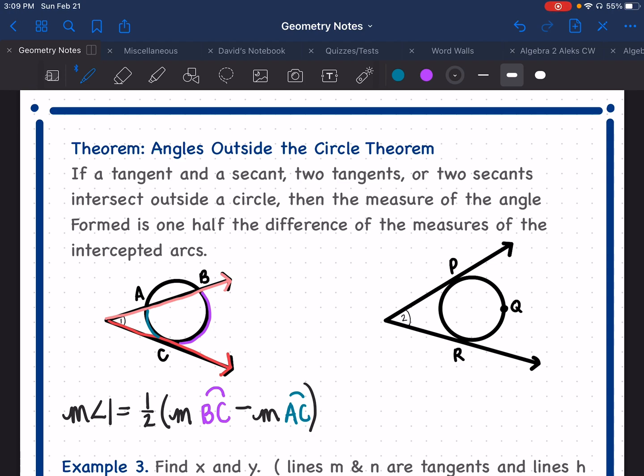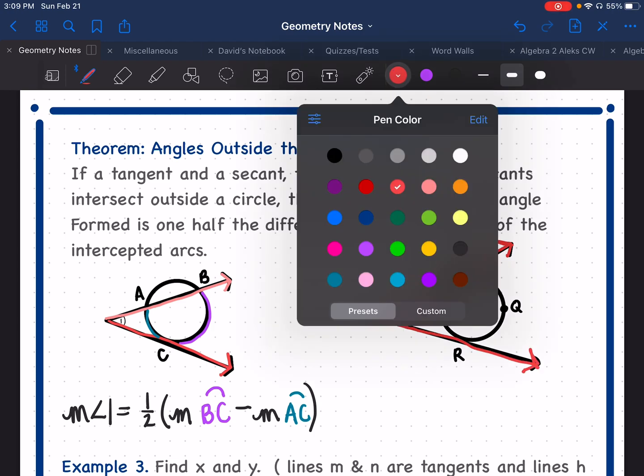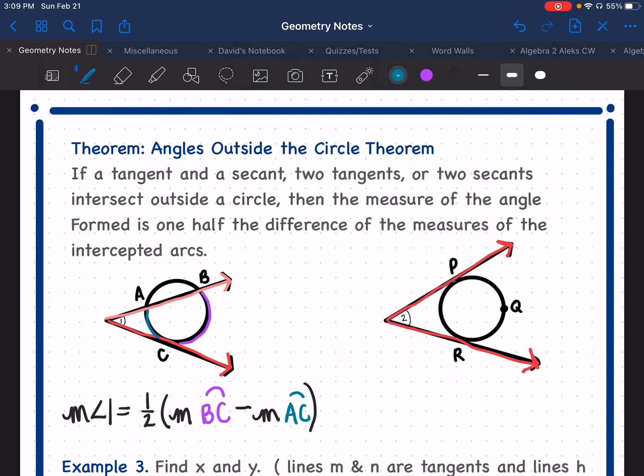Even in my second one, where I have two tangents intersecting, there's tangent 1 and tangent 2 to create angle 2. I still have my inside arc right here and my outside arc right here.